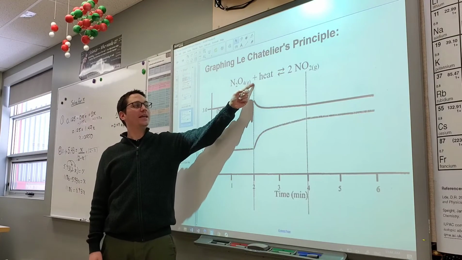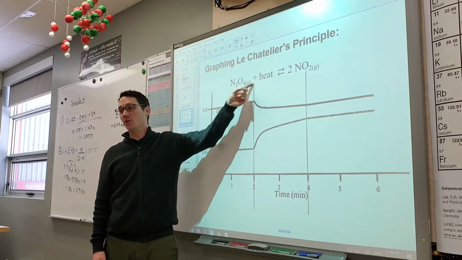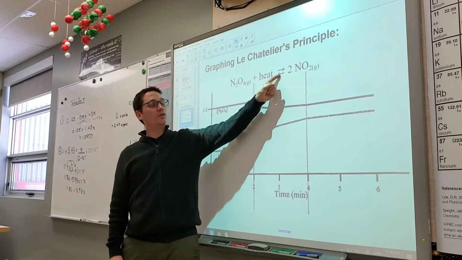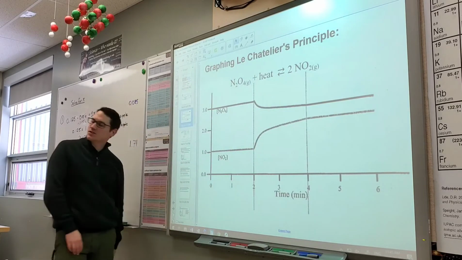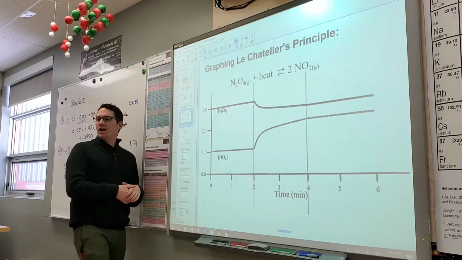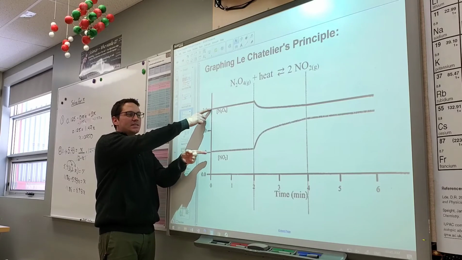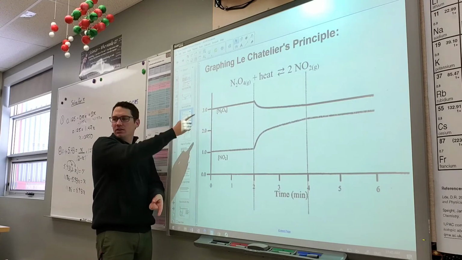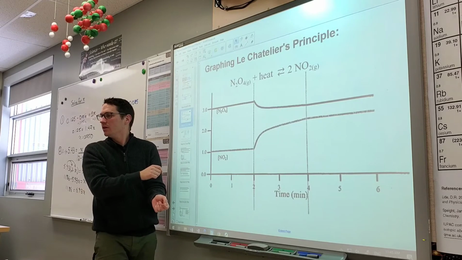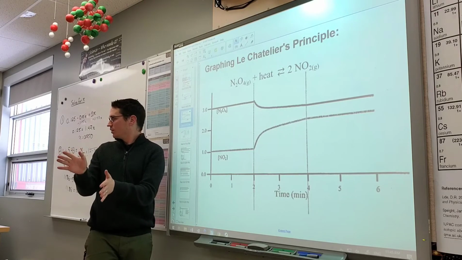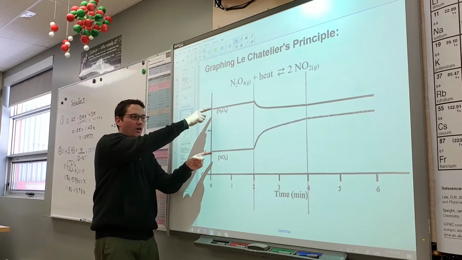It needs heat in order to react, and it will turn into 2 NO2 molecules. Is the system at the beginning already in equilibrium? Yes, it is. Right from the get-go, it's already in equilibrium.